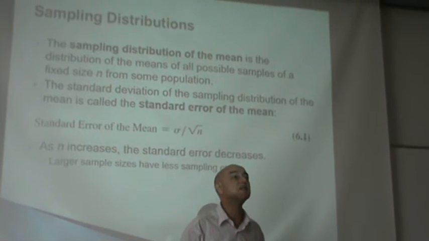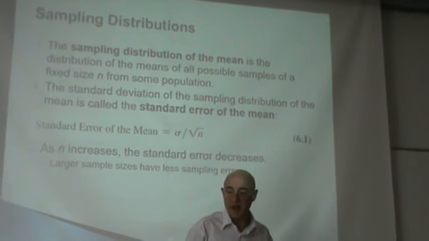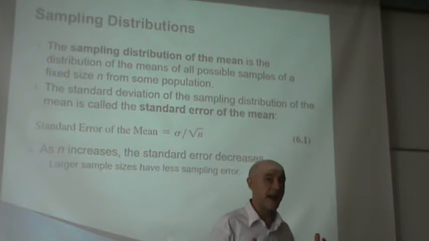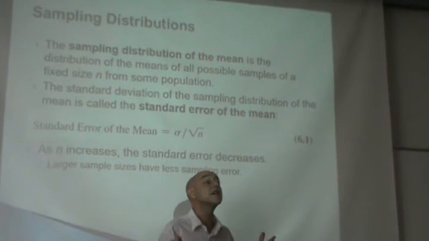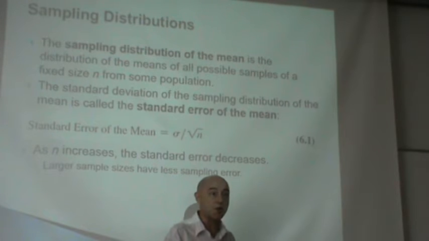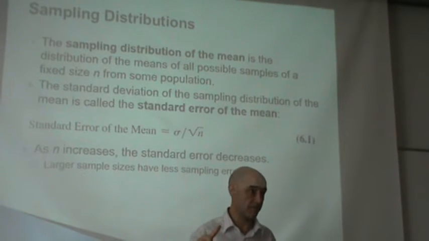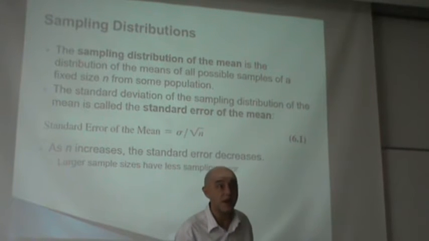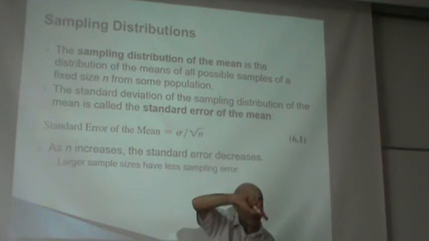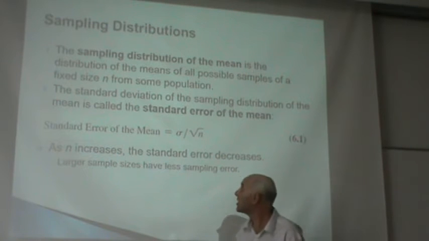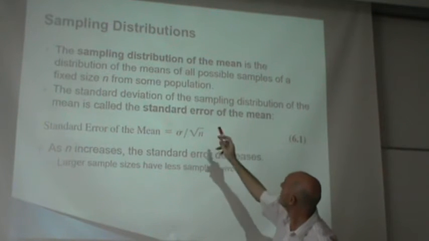Next question is, you get a sample, and based on the sample, you calculate the mean. Now the question is, what is the distribution of the mean? You saw some sort of a bell shape.